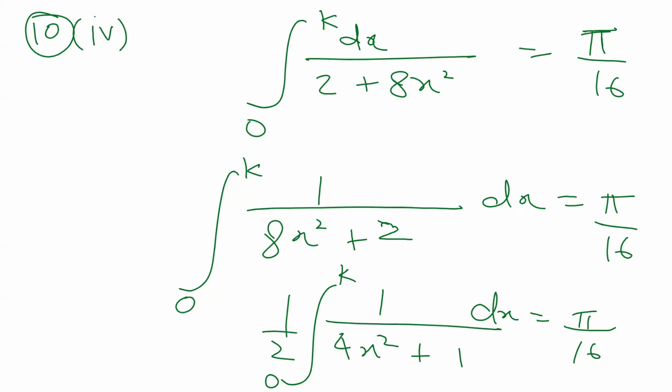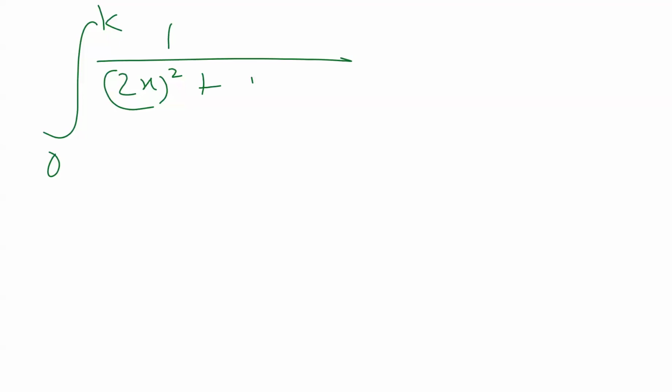So this is going to be 2 ones are 2, 8s are 16, giving integration 0 to k of 1 upon (2x) the whole square plus 1 square dx is equal to pi by 8.